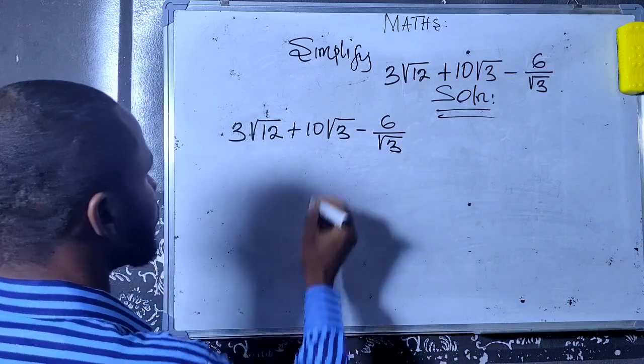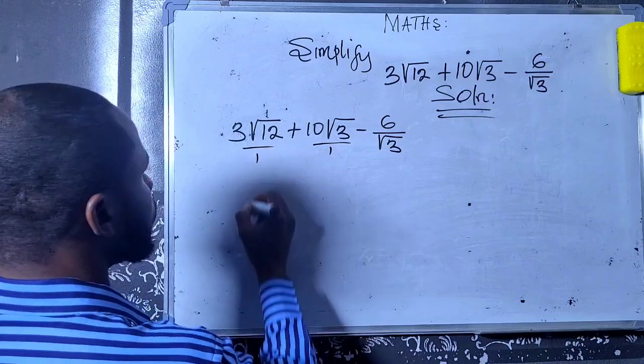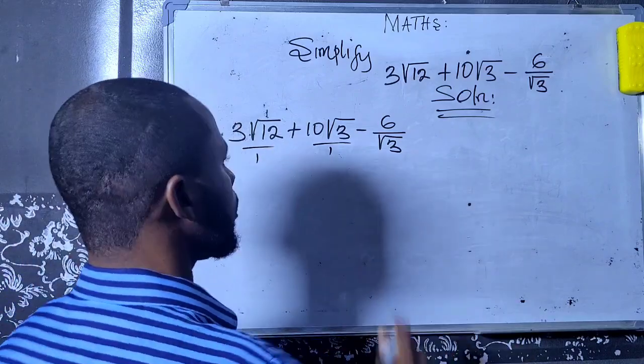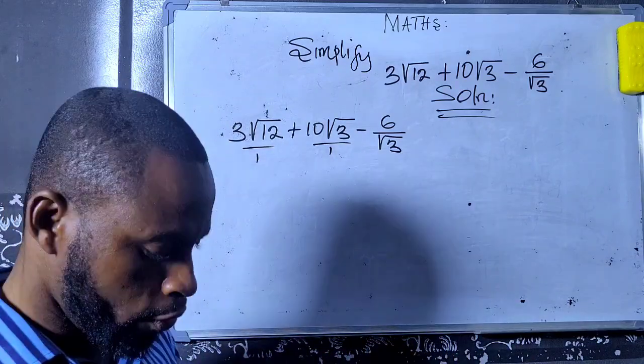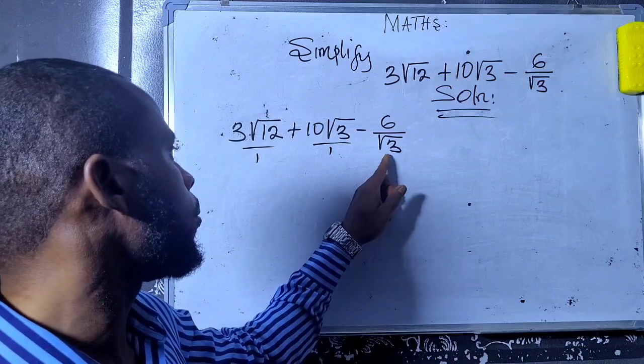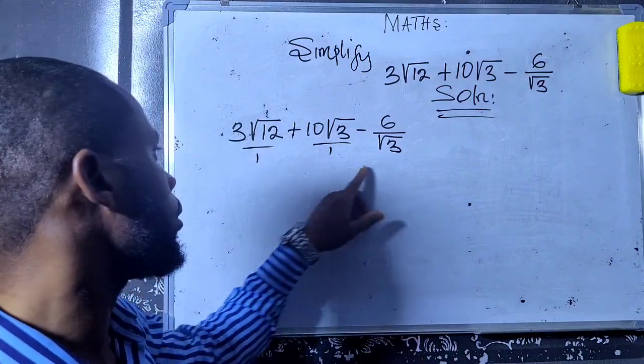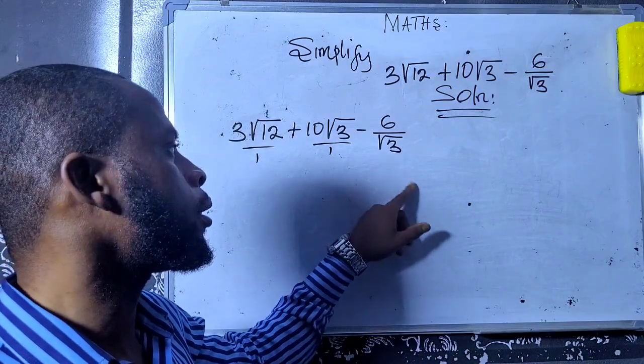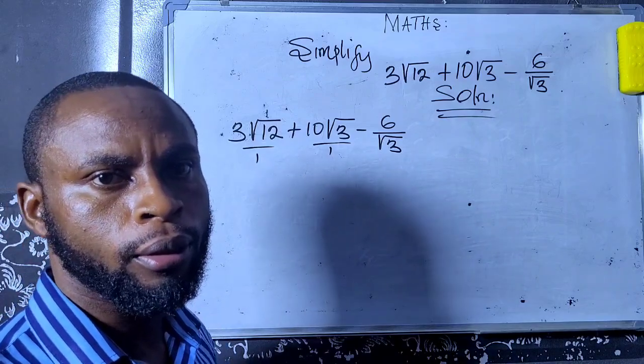Here, note that this is over 1 and this is over 1, and the LCM here is root 3. As such, you are going to multiply each term here by root 3 and divide it by root 3.